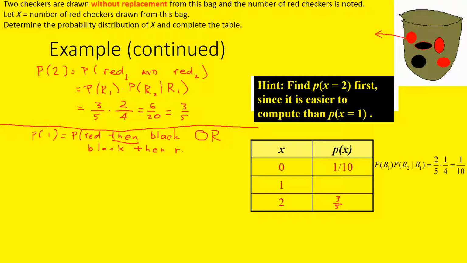Or black then red. So the or, of course, means that we're talking about a sum of probabilities. Probability of the first thing plus the probability of the second thing, and then we have to think about, well, are the events mutually exclusive? Yes, they are. So it'll be a sum of simple probabilities. Well, relatively simple.